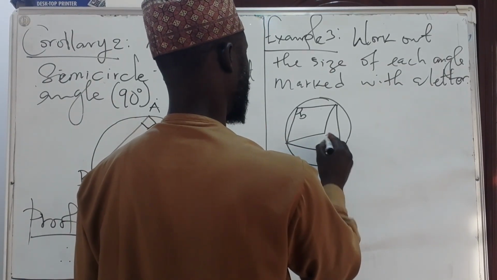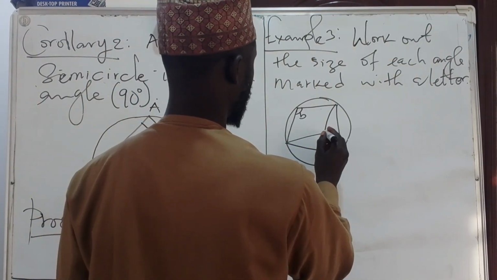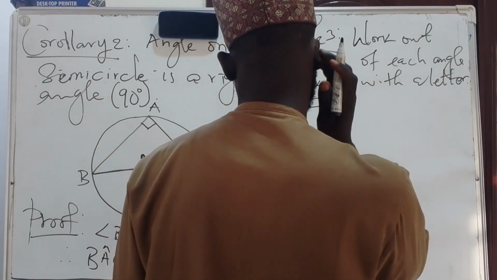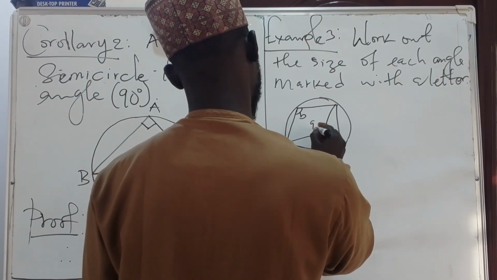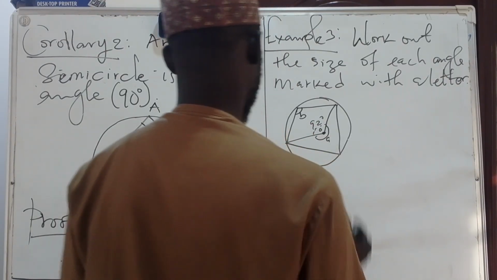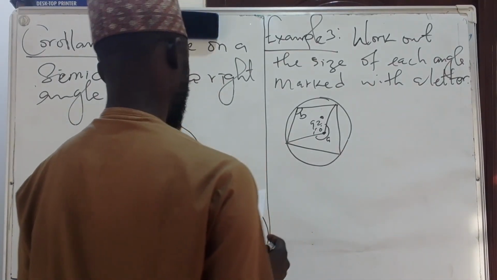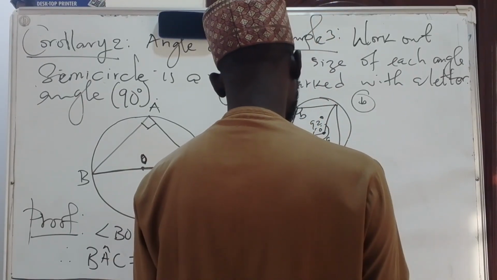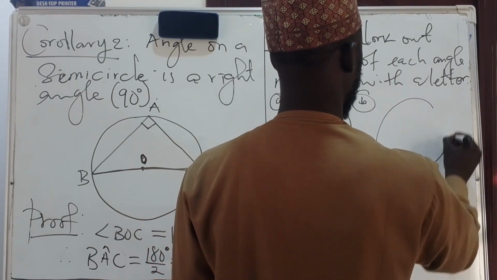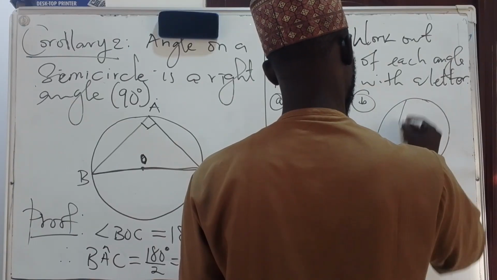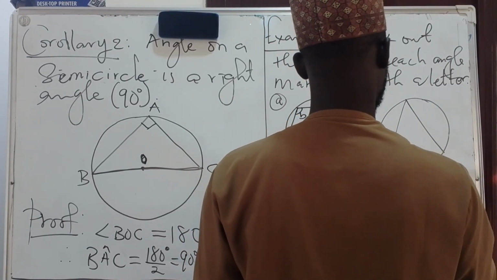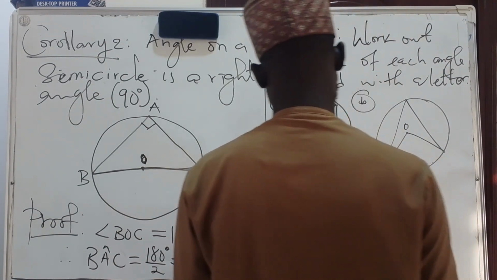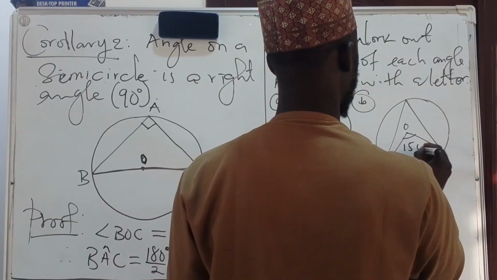Here is the center O, and here is A. Here is 92 degrees. We have a circle like this. O is the center of the circle. Here is 150 degrees. Here is x.